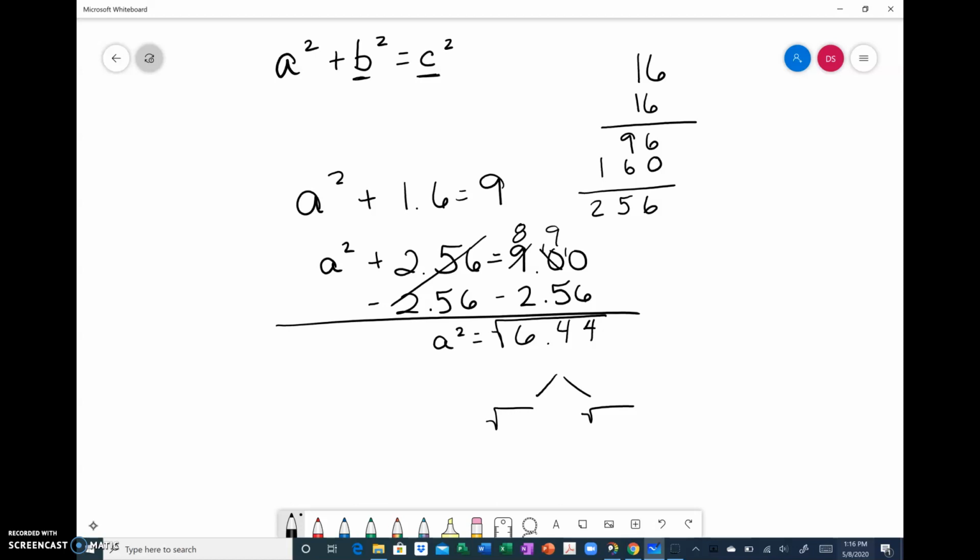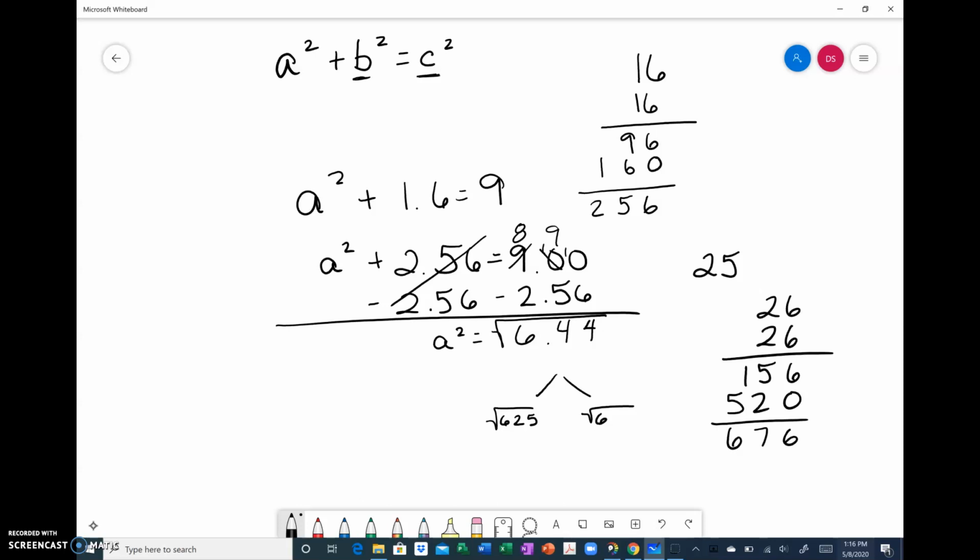So I know that 25 squared is 625. So this would be on a cheat sheet. I'll put 625 over here. But I am going to have to figure out what 26 squared is so I know how close to get. So that would be 676.